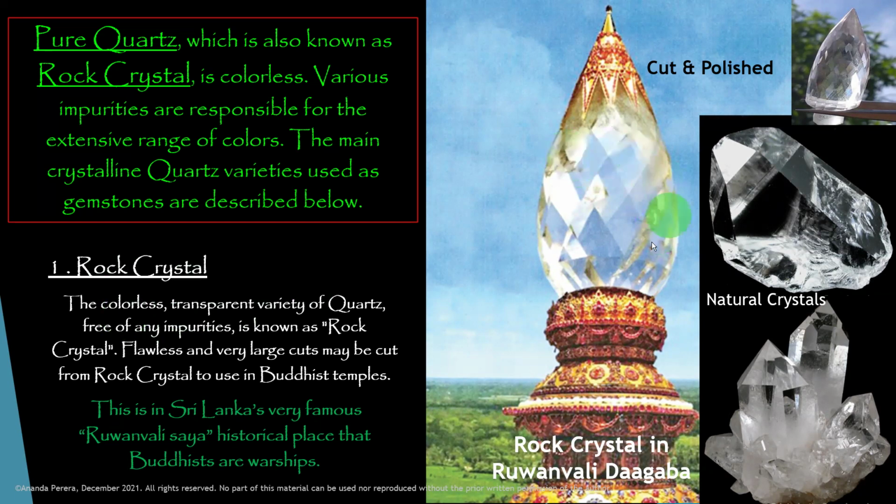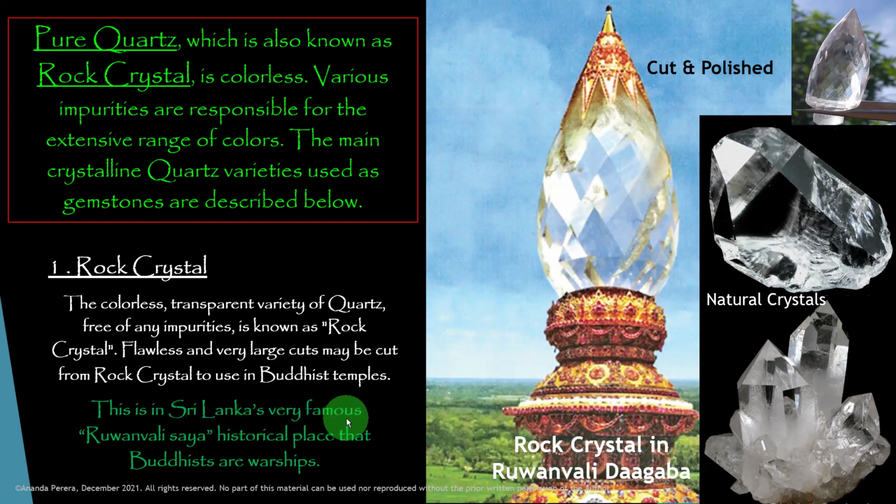This is cut and polished rock crystal in Ruwanwelisaya. These are the rock crystals used, cut and polished. The colorless transparent variety of quartz free of any impurities is known as rock crystal. Flawless and very large pieces may be cut from rock crystal for use in Buddhist temples.